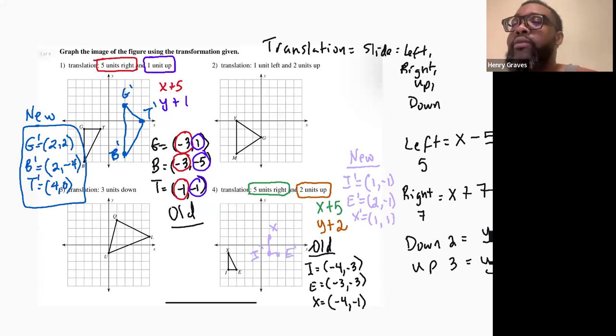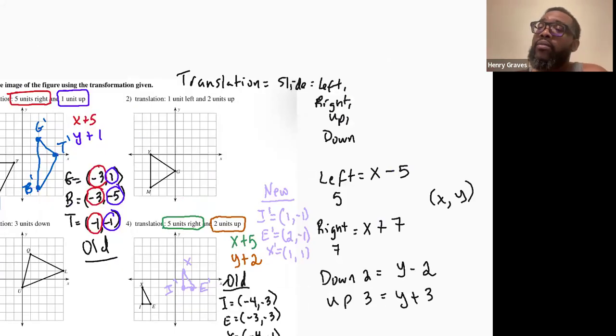So those ones are pretty easy, right? Right now, if it's to the left, do I have enough room? Yeah, I have enough room. Just gotta slide some stuff over. Right over here.